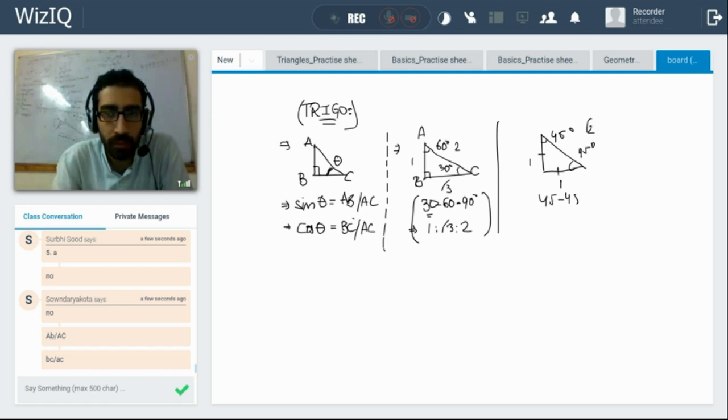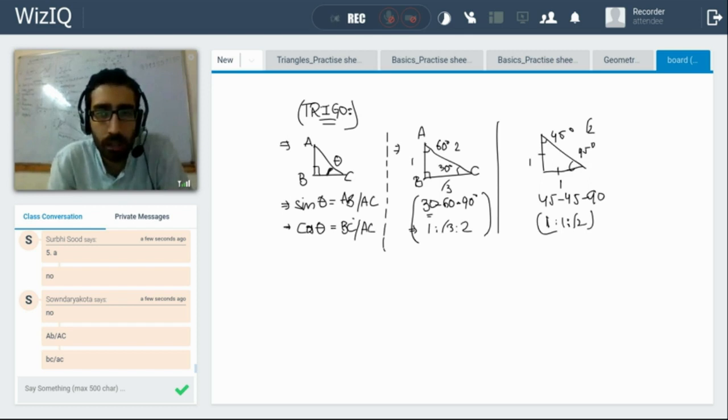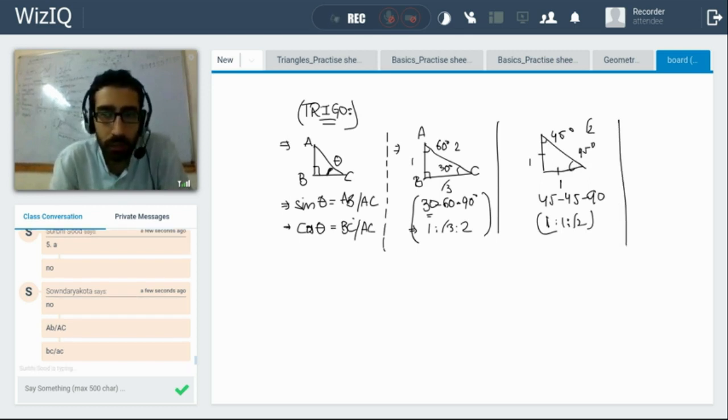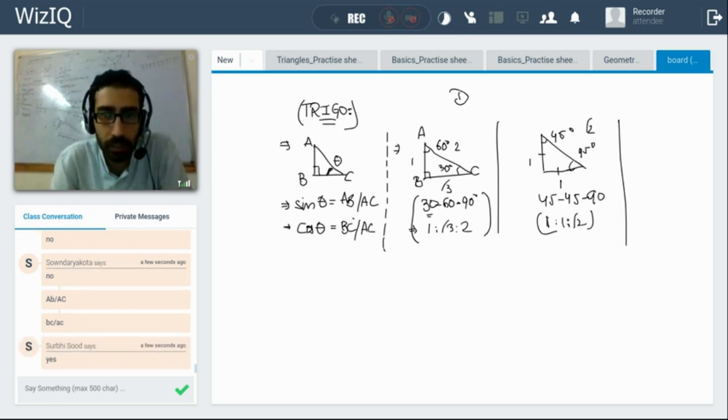So the 45, 45, 90 triangle has this ratio, 1 is to 1 is to √2. Yeah, this is good. This will be useful in a lot of data sufficiency questions, actually. You do need this in data sufficiency, otherwise it's a bit of a headache. Okay, that is cool, very good.